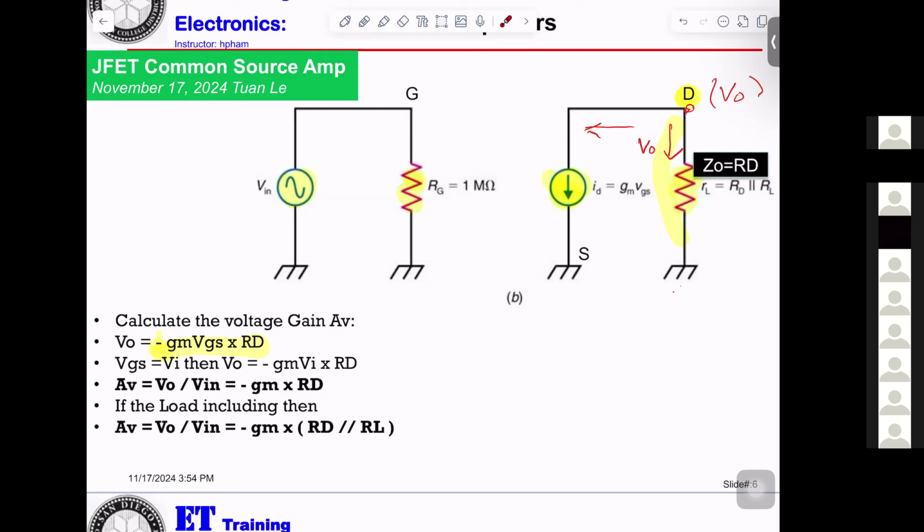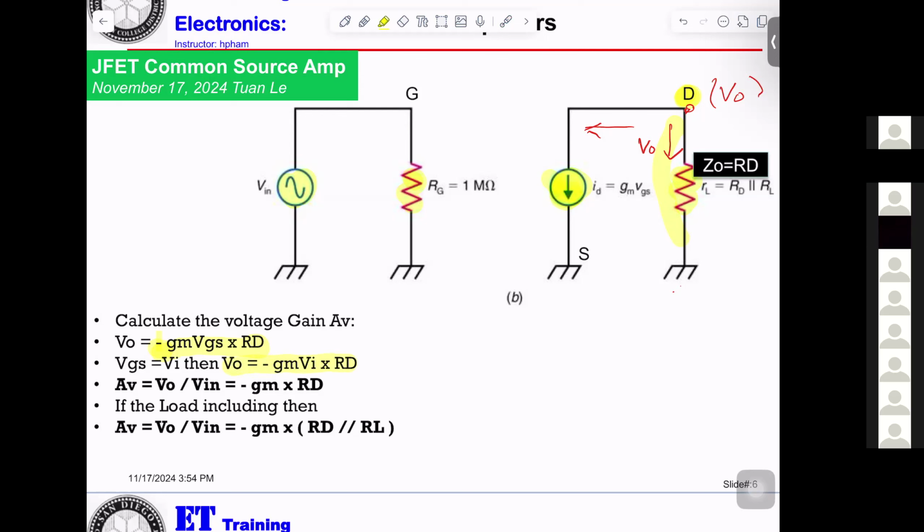And then VGS, that means VGS from here to here, equals V in. That will tell you V out will be equal to minus Gm times V in times RD.